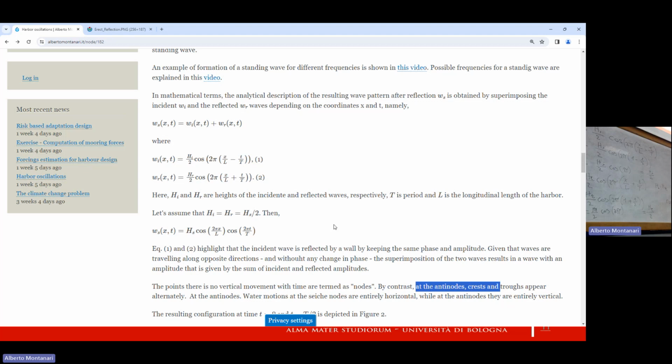What happens at the mouth after a full period? Allow me to make the correction directly on the blackboard. Here it's 0, and here it's minus 1, correct? Because t is equal to the period, so minus 1.